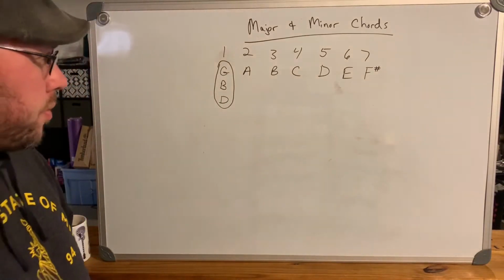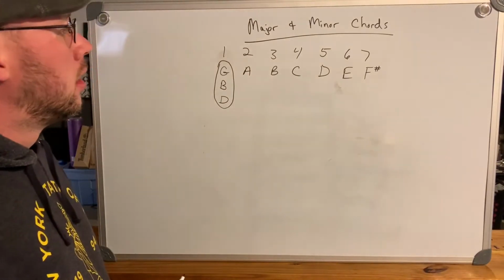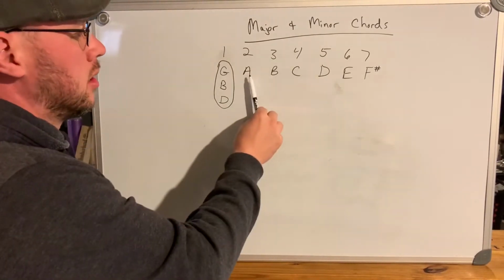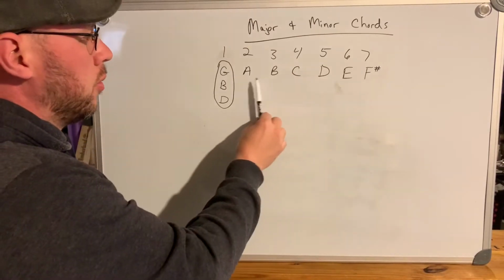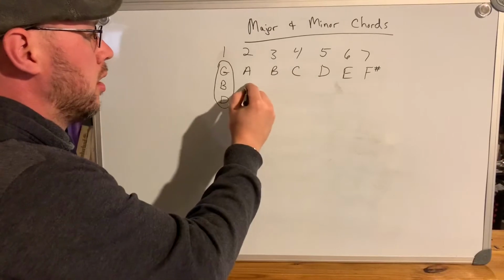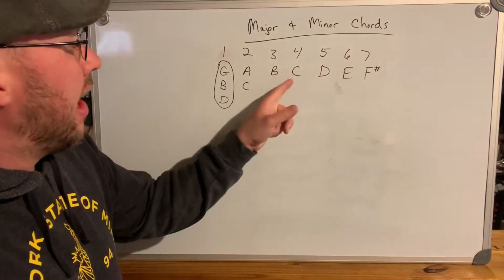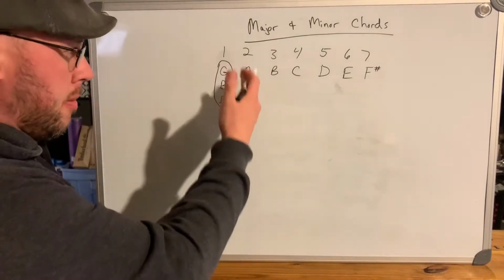Okay? Now let's go to the next chord, the A. Is this going to be a major or minor chord? You do the same increments, every other. The 1, 2, 3, 4, 5. You can just count this way. So 1, 2, 3. So you got a C. And that is a whole step and a half step. It's only 1.5 steps, so that's going to be minor. It's not 2 whole steps. So it's going to be a minor chord.